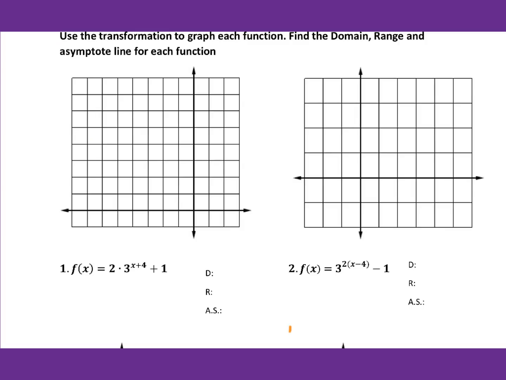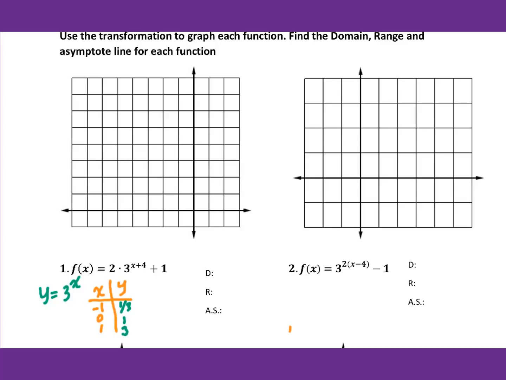We go back to this number 1. We use transformation. We will make a parent function table. That is x, here's y, -1, 0, 1. Your parent function will be y equals 3 to the x power. Therefore, we got 1 over 3, 1, and 3.